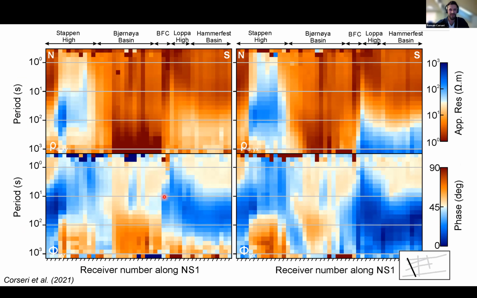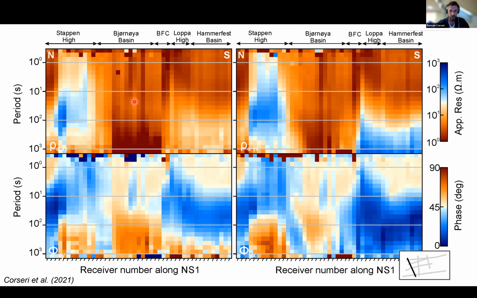Indeed, here is a pseudo section of the data: the two non-diagonal components of the impedance tensor, apparent resistivity on top and phase on the bottom. I'm showing you this because it really shows that there is a lot of geological information in this data extracted from CSEM industry surveys.